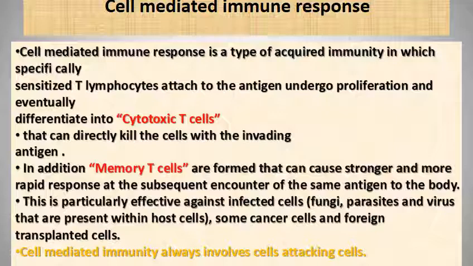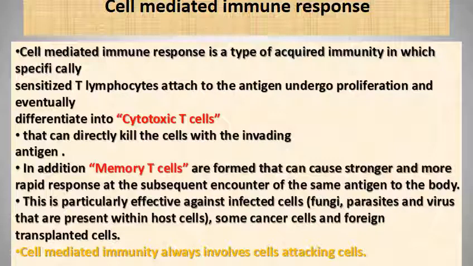And these cytotoxic T cells directly kill the cells which are infected, or the cells with the invading antigen. Now in addition, memory T cells also are formed. Some cells of this clone form the cytotoxic T cells, which take action immediately and kill off these infected cells. Then some of them form the memory cells, which are found in the body, and they can cause a stronger and more rapid response at subsequent encounter of the same antigen.